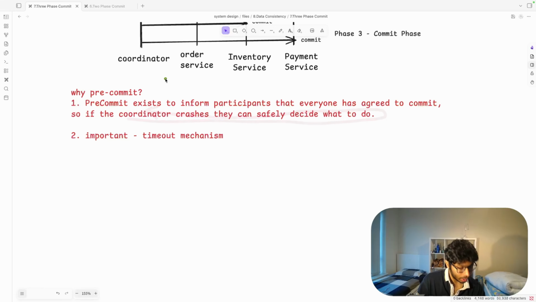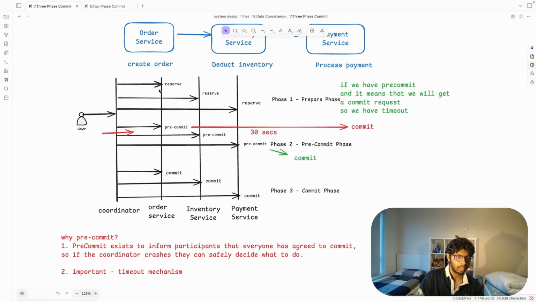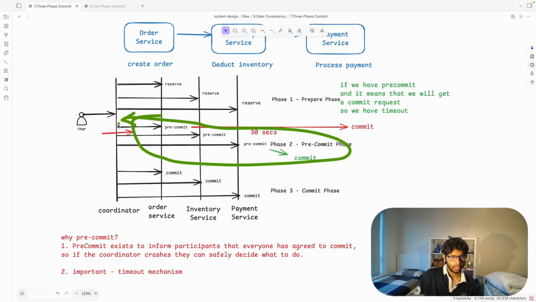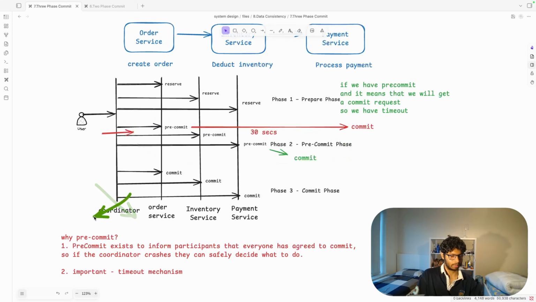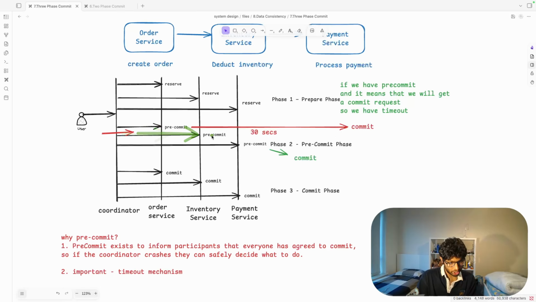Here I missed one thing that we can discuss one more time. Let's say after this pre-commit, the coordinator crashes. Now again there is a better thing: if the pre-commit request has reached the order service, the inventory service and the payment service, now we know that after 30 seconds we can complete those transactions, because the request has properly reached all these services.